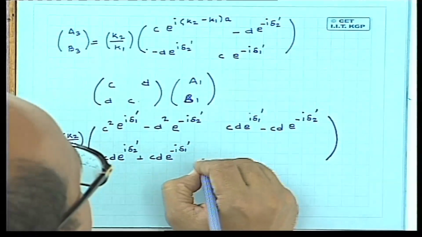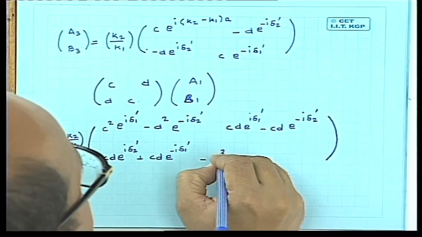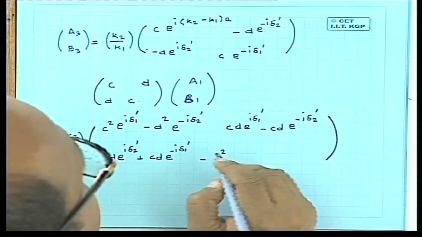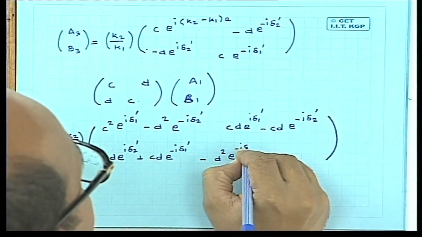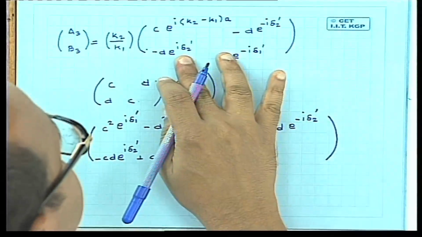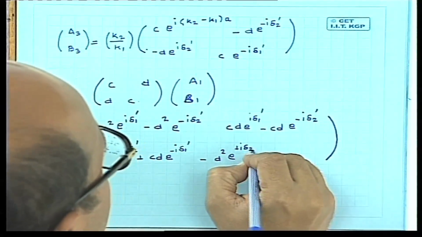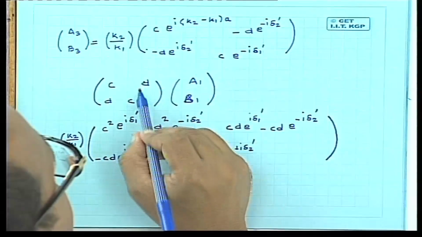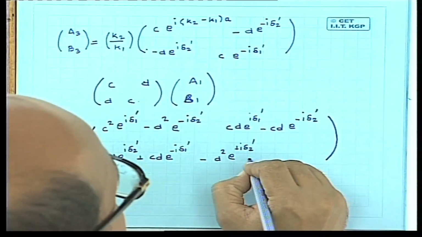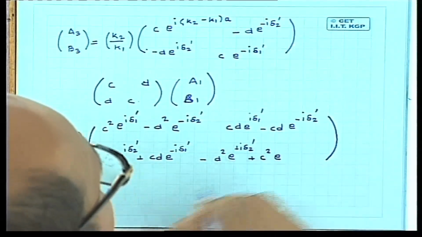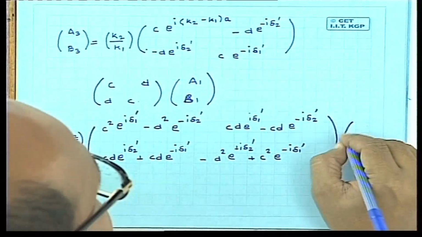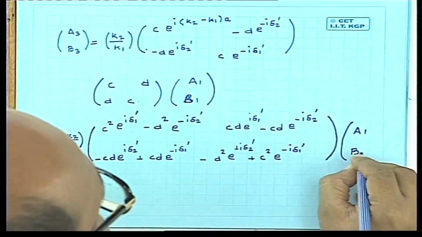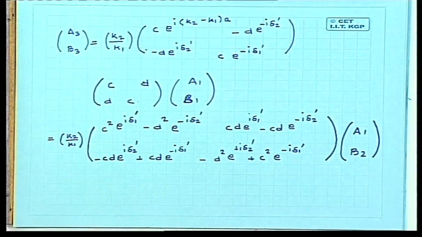So this gives us minus D squared e to the power i delta 2 prime, this with this, plus C squared e to the power minus i delta 1 prime. And here we have A1, B1. So now we have done this matrix multiplication.